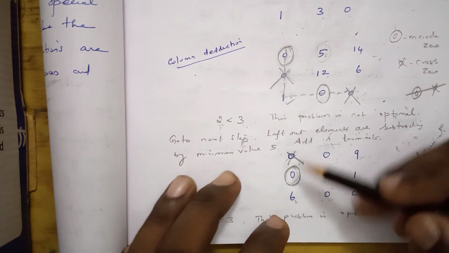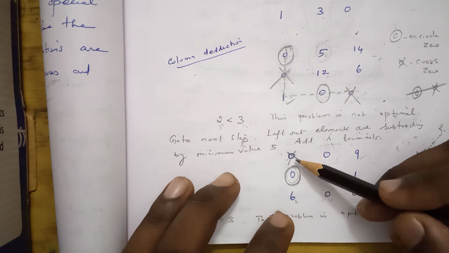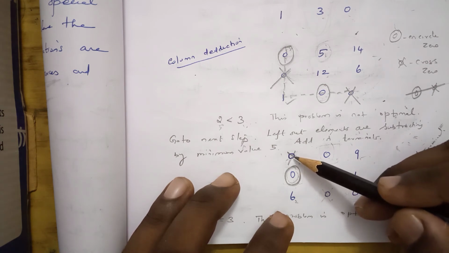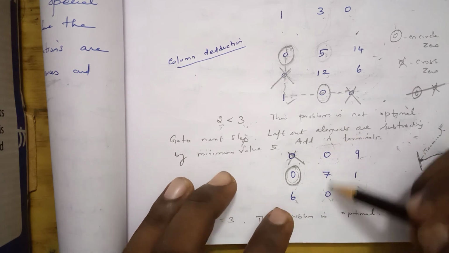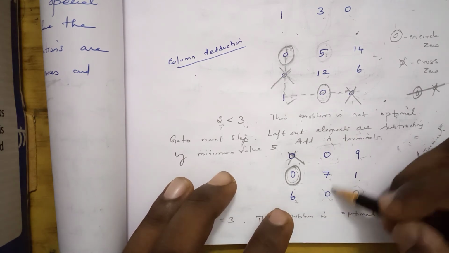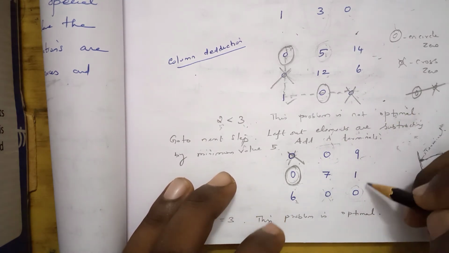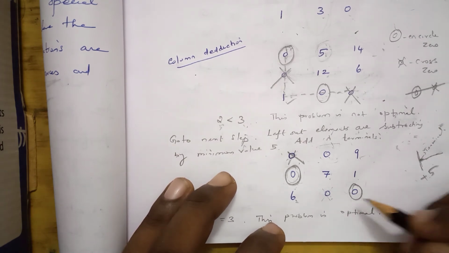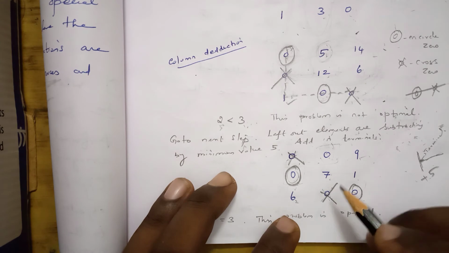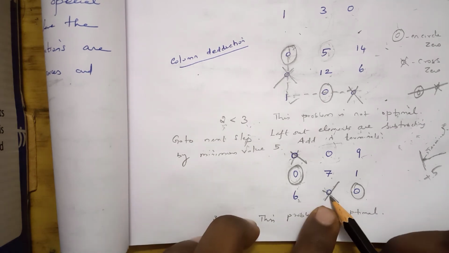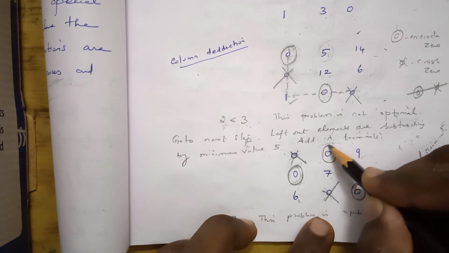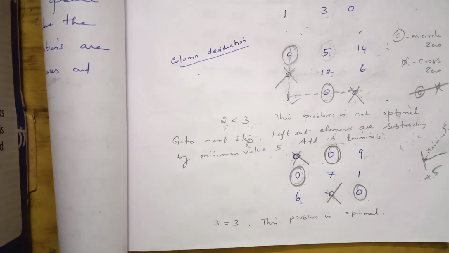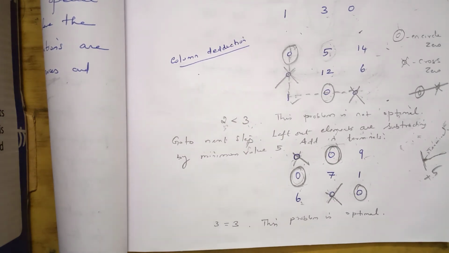Again we move to columns. This is a crossed 0, this an encircled 0; these two are covered, no problem. In the next column, 2 zeros are there, so leave this column. In the next column only one 0 is there, so we select the 0 and cross out the corresponding 0. We have already crossed out the 0, and we encircle this 0. So all zeros are covered.